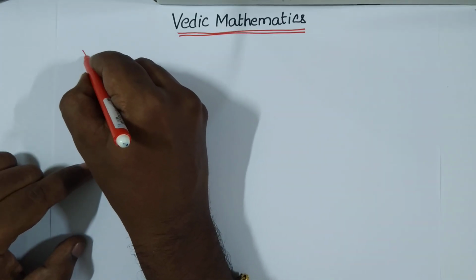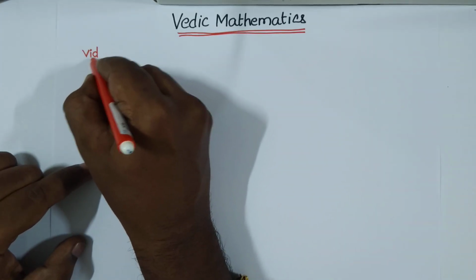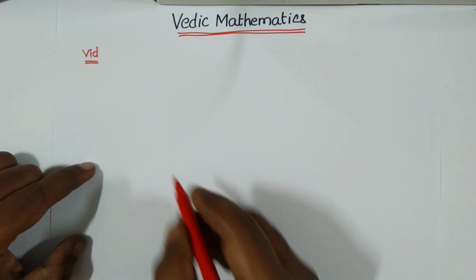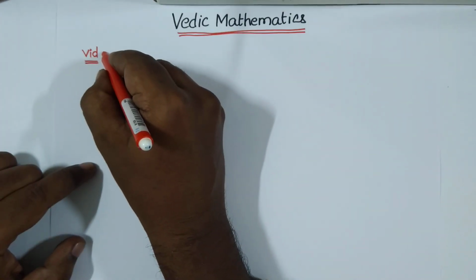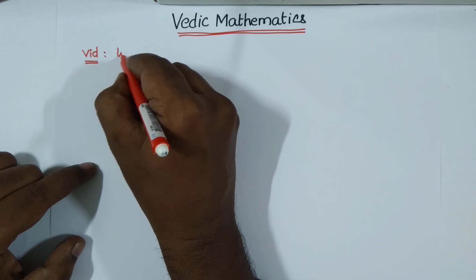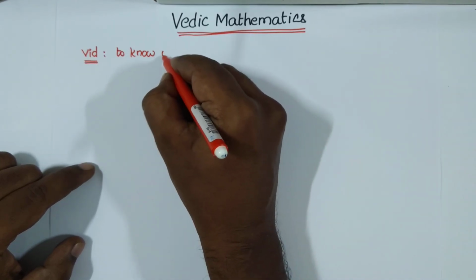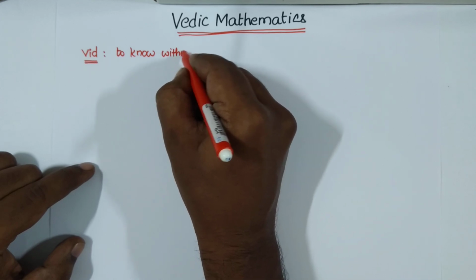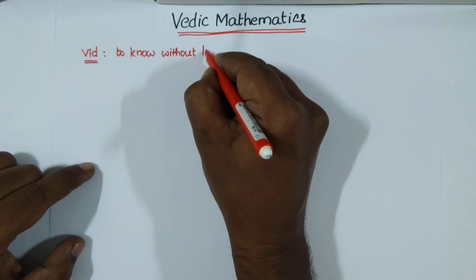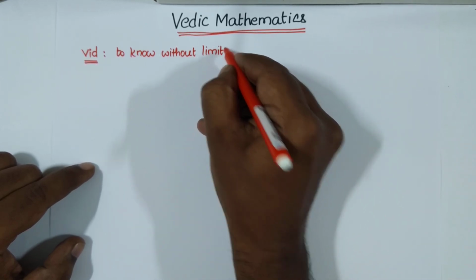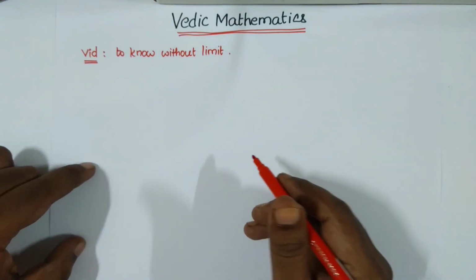Now the Sanskrit word Veda is derived from the root word vid. The root word is vid. The meaning of vid is to know. The meaning of vid is to know without limit. To know without limit.